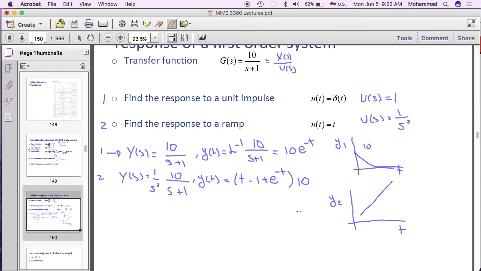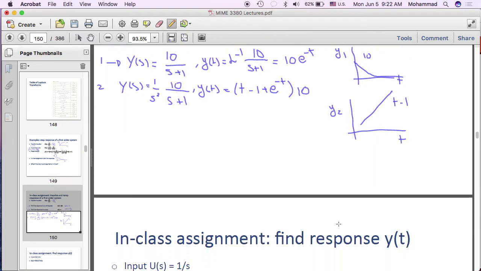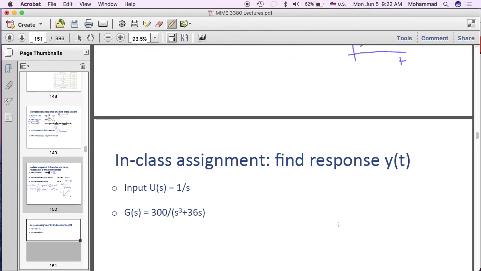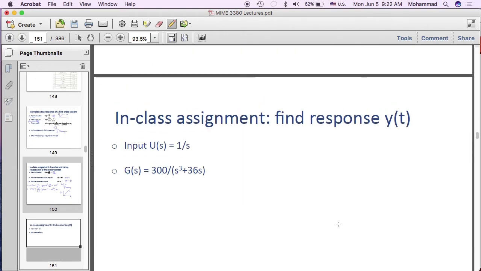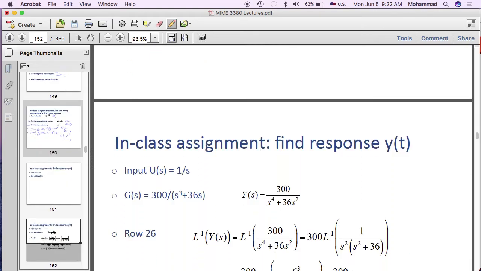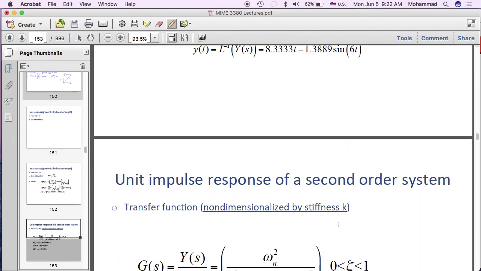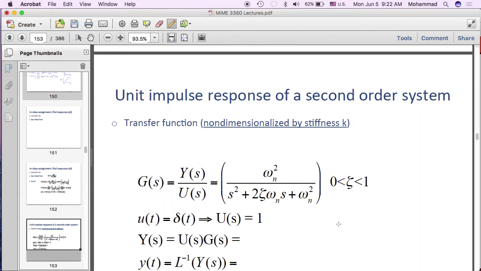So in steady state, this looks like t minus 1. And there are a number of other examples. This one does have the complete solution, so please take advantage of it.